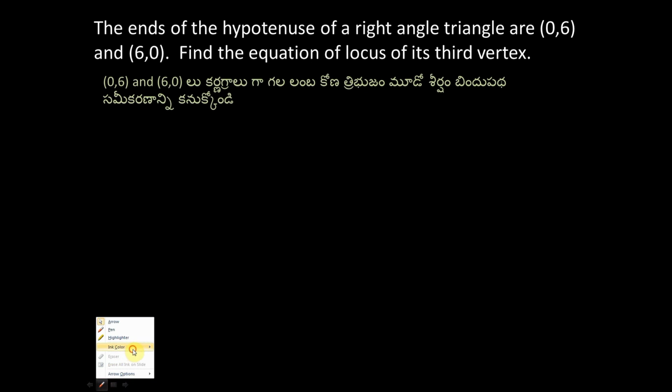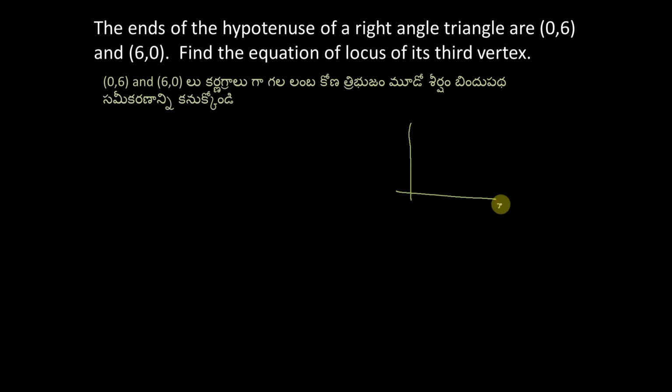Again, see here, for a rough diagram, this is the x-axis and this is the y-axis. We know (6, 0) lies on the x-axis and (0, 6) lies on the y-axis.